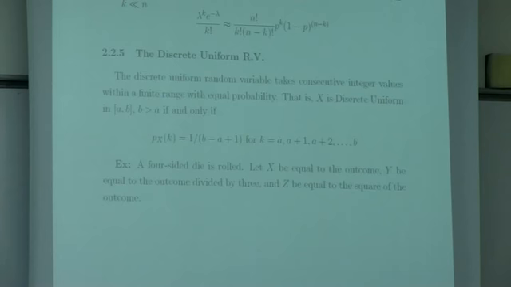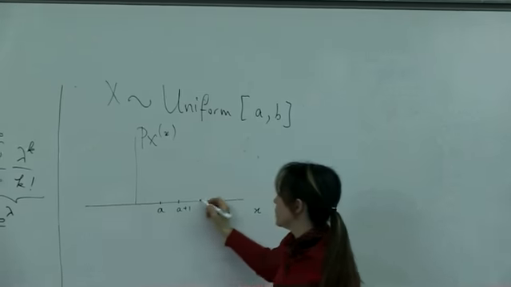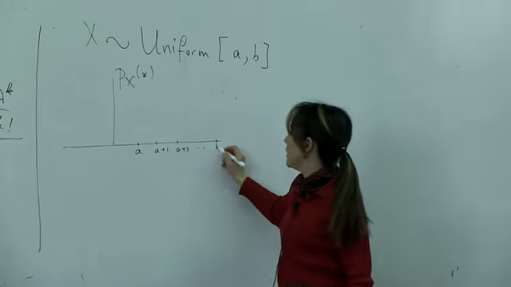Okay, let's plot this. So, x is uniform in the interval of integers a to b means p_X of x is constant from a, a plus 1, a plus 2, up to b.